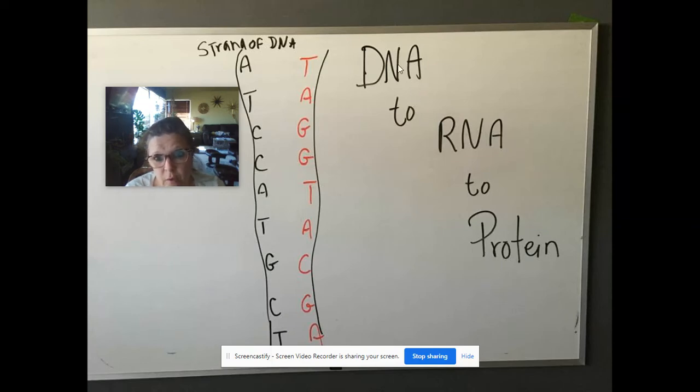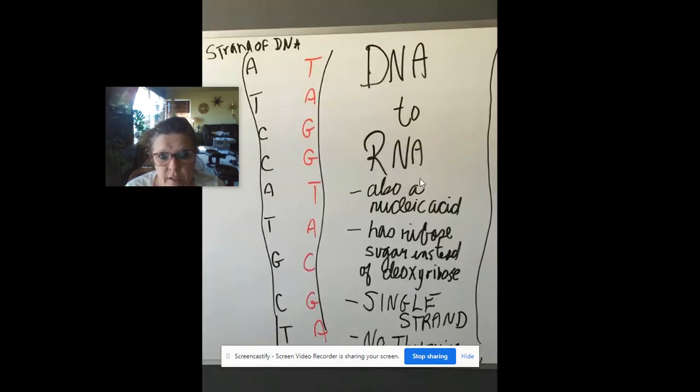So we're going to probably look at most of that in my next video, but I do want to talk a little bit about RNA and the RNA molecule, which is another nucleic acid, so another biological macromolecule. So it's also a nucleic acid, like I just said. Instead of deoxyribose as a sugar, it just has ribose, and that's why it's RNA as opposed to DNA.